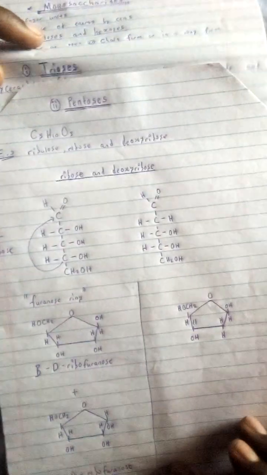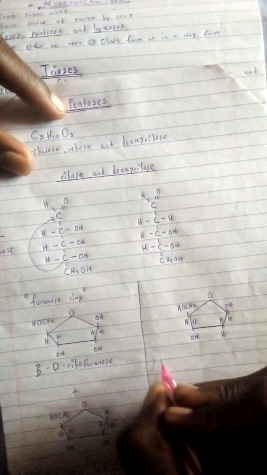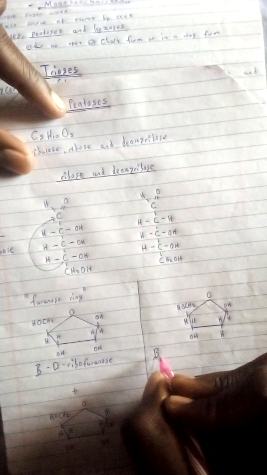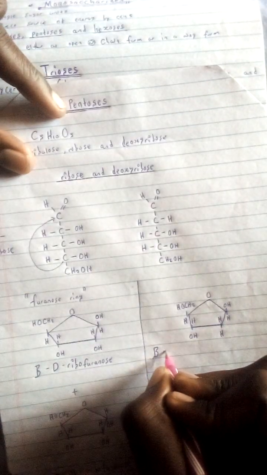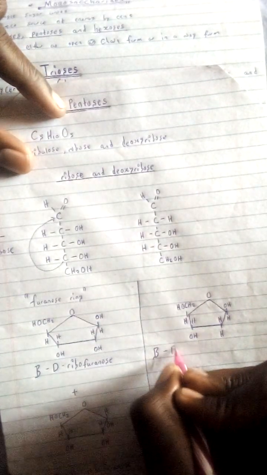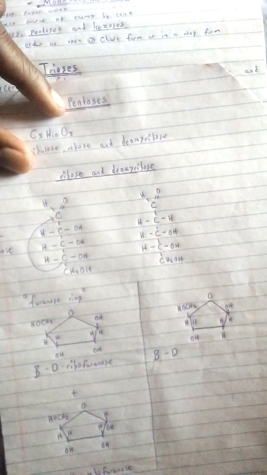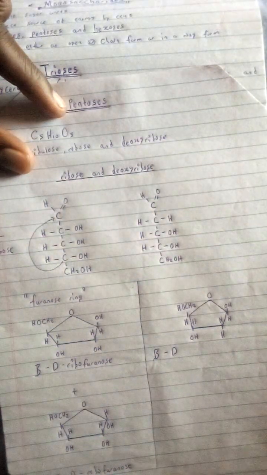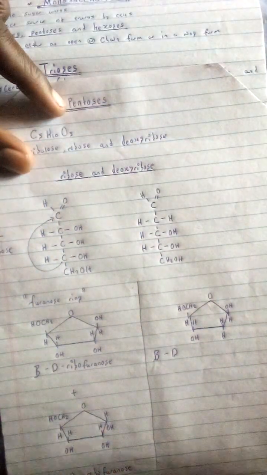First, this is a beta form, and it is a deoxyribose. This is a deoxyribose because these are at this side.